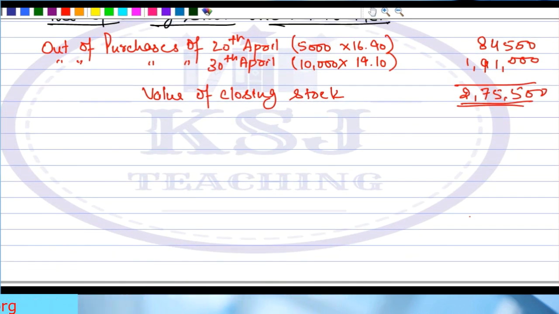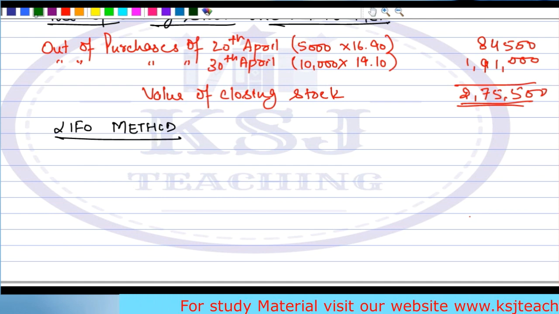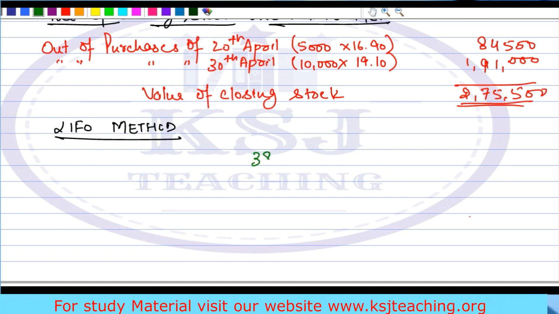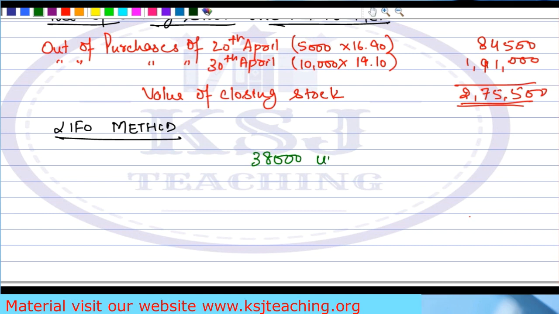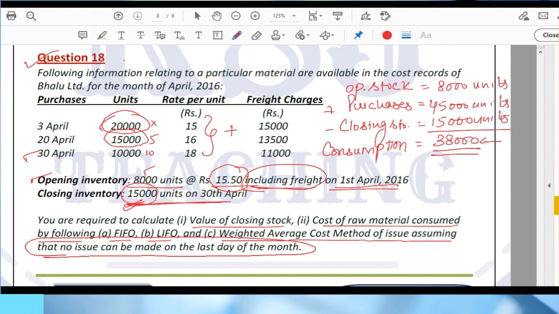let's see by LIFO method. Right? Again, 38,000 units. Now, how are you going to issue these 38,000 units, sir? What is the last material that you have received? Sir, the last material that we have received is on 30th of April.